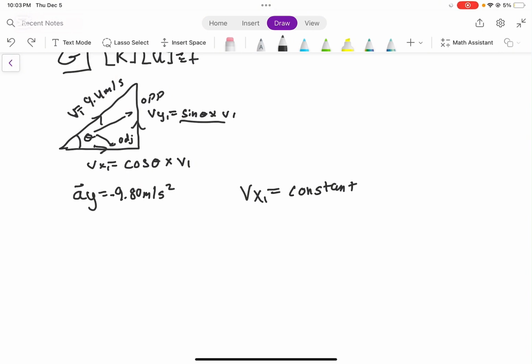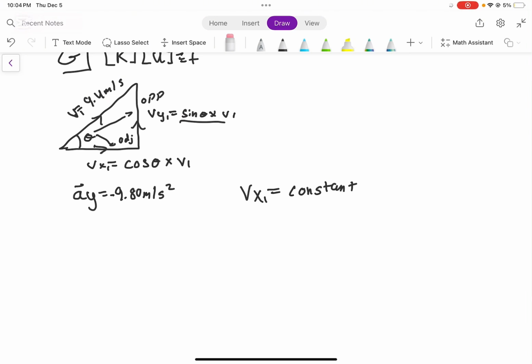Well, let's say you're a person right here and you throw a football. The football in the x direction, the velocity is going to remain constant, right? If you throw from this end of the field all the way to here, the x is going to be constant. What changes is the velocity in the y. It may go up, down, but in the x, it's constant. That's why our velocity in the x is always constant.